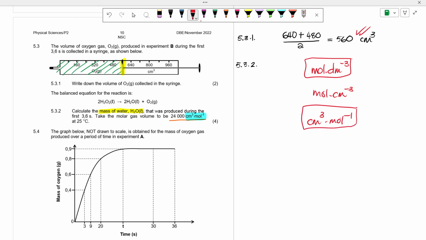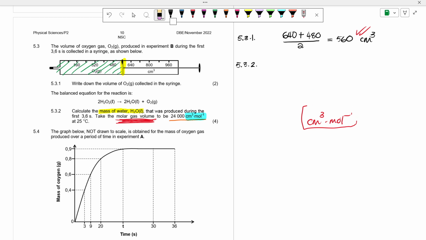So maybe one mistake that you could make, a very, very dangerous mistake, just be careful of what you're given. In this case, it's a molar gas volume. Do you remember what molar gas volume is? Yes, that's your VM.